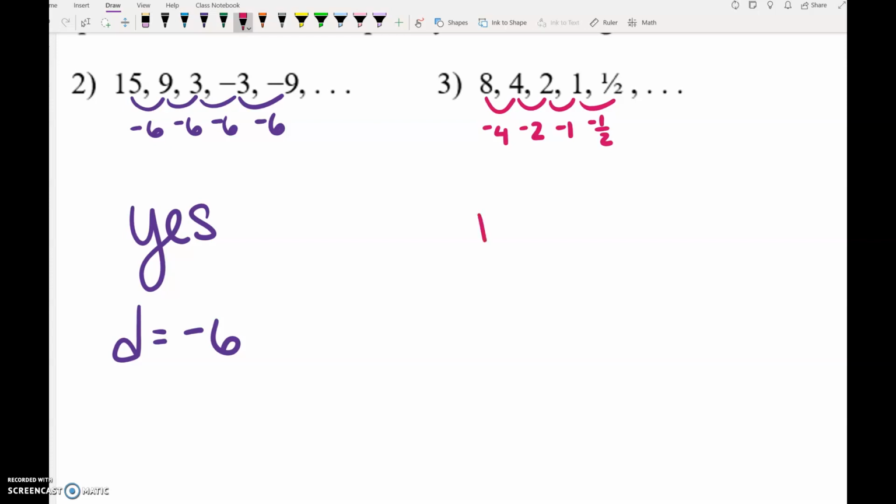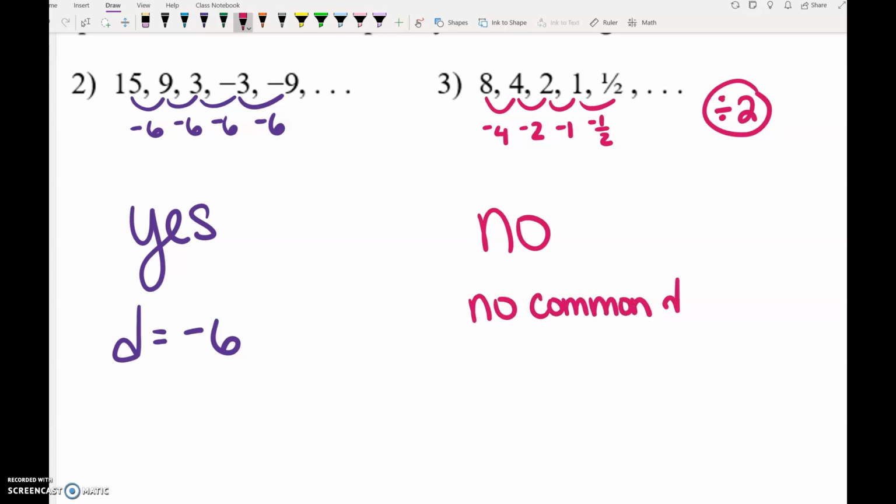That's definitely not the same. So it's not arithmetic. What's actually going on here is we are dividing by 2 each time. That's going to be called a geometric sequence. We'll talk about that tomorrow. So I'm going to say no, and then I'm going to write no common difference.